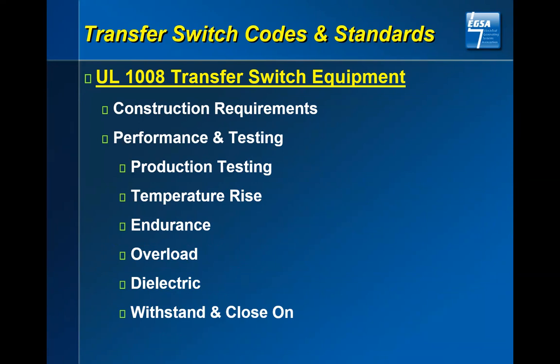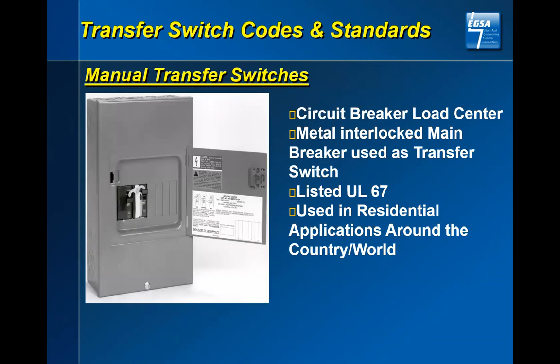Typically, we're looking at no more than 3 electrical cycles. That's the withstand and close on that we'll touch on. So you may have a 600 amp switch, but it may have to endure 50,000 and not burn the contacts closed. It must go back to operation and such. We will keep continuing to discuss that.